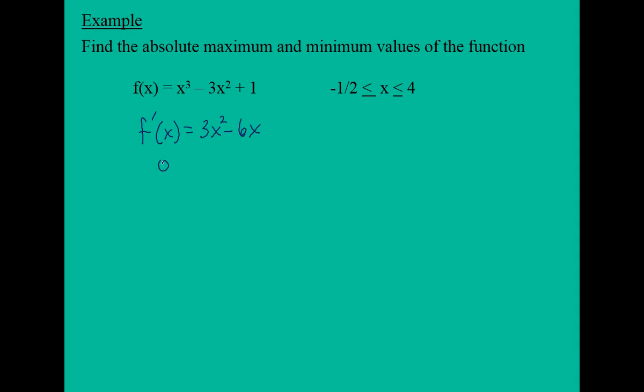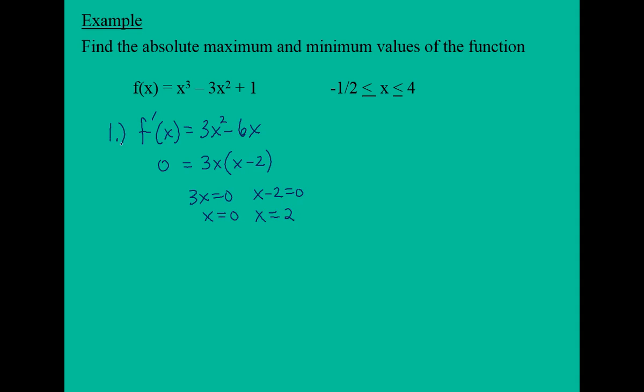Now we will set this equal to 0, and we can factor out a 3x, and we'll set each one of these factors equal to 0, and we get x equals 0, x equals 2.